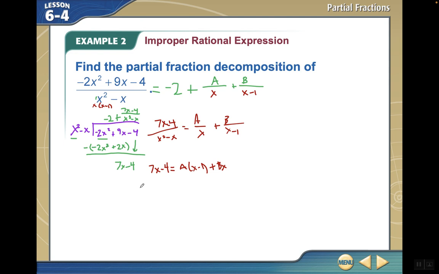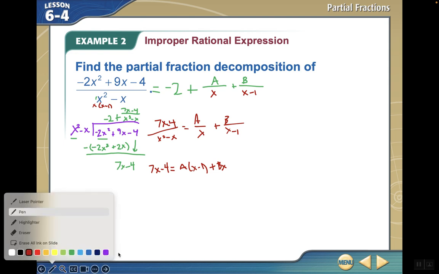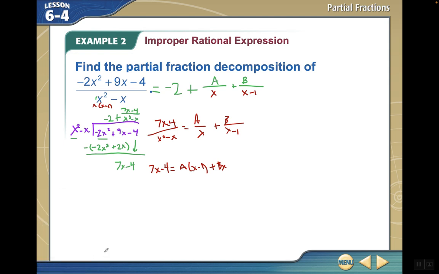I will distribute that A, and then I'll just tack on that Bx. My x terms are Ax and Bx, so I'm going to factor out an x, and I'm left with A plus B. And then I just have a minus A afterwards.